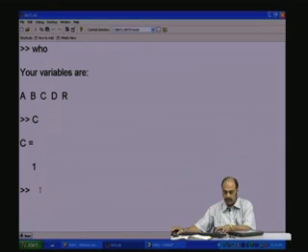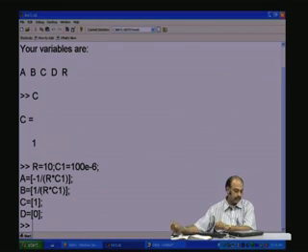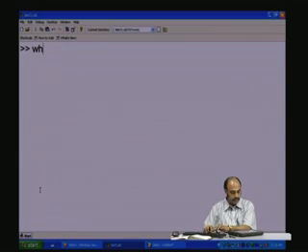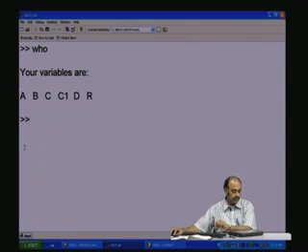And we again load the model and see. So, now we have the A, B, C, D matrices, C1 and R are the parameters.